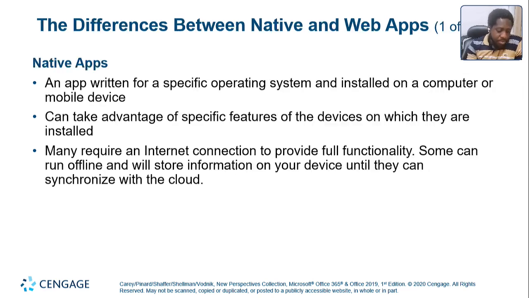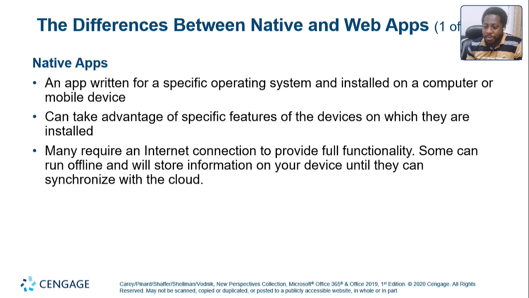Right, then when we talk about native apps, we are talking about an app that is written for a specific operating system and installed on a computer or mobile device. So when you hear this word at any point in time, don't let it sound abstract to you. Native apps are unique to specific operating systems. So if it is exclusive to Mac OS, that means that application can never run on Windows OS, or we don't even have a version of it in Windows OS, and vice versa.